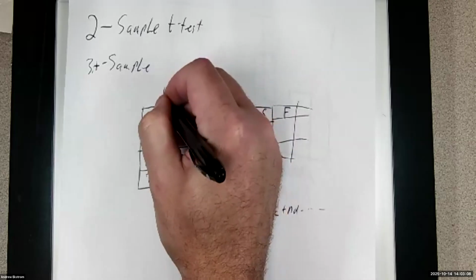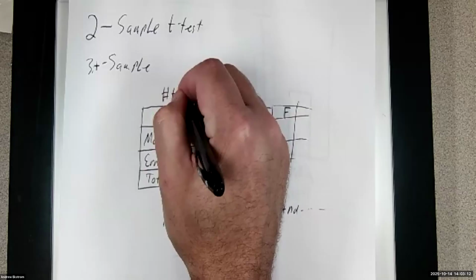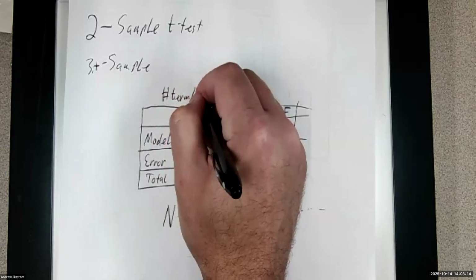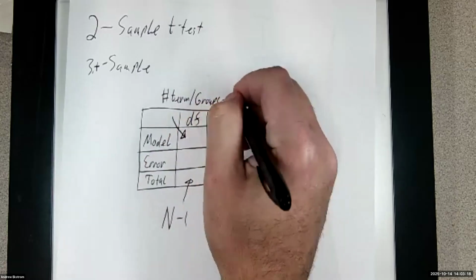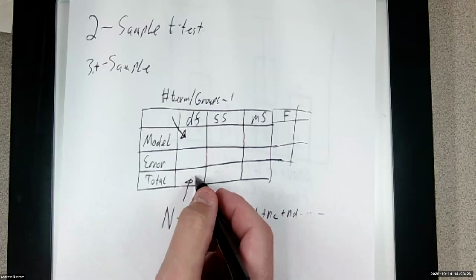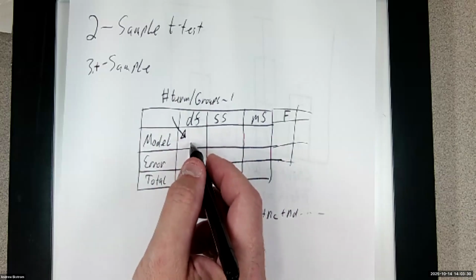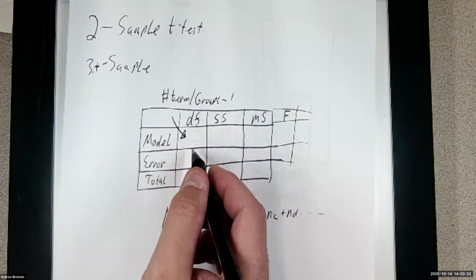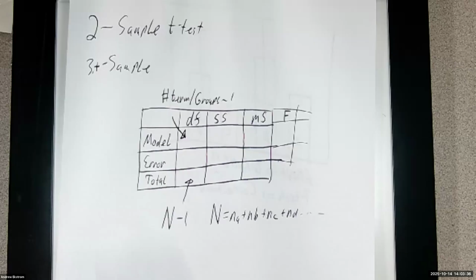Up here, number of terms or groups that we have, again, minus 1. So again, if we have 5 groups with 12 subjects in each one, down here this is going to be 59. Up here, it's going to be 5 minus 1, so that's going to be 4. And then error here is just going to be the difference.